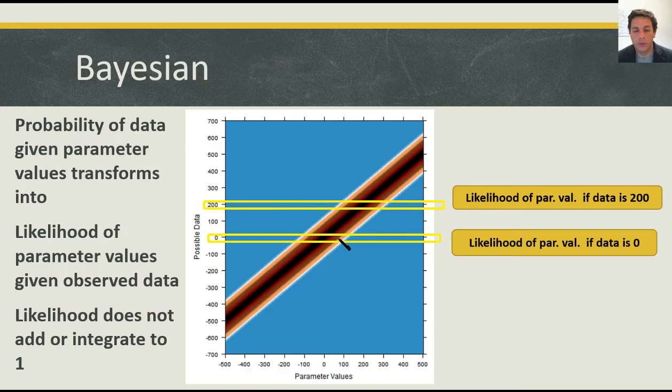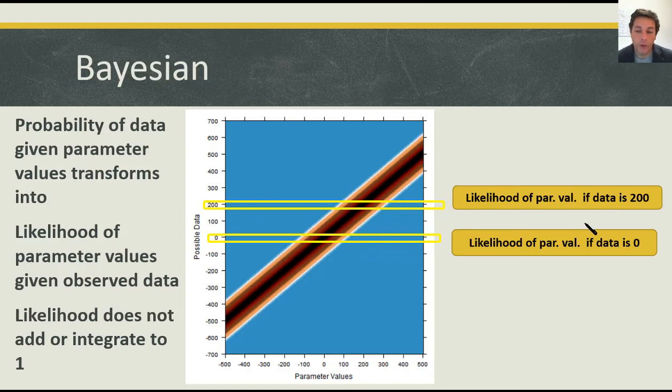In fact, because it is a normal distribution and continuous variables, they shouldn't add to 1, they should integrate to 1, as I explained before. If we go vertically, those distributions for each parameter value do integrate to 1. But these ones horizontally, they don't integrate to 1. That's why they call it likelihood, because if we called it probability, it should add or integrate to 1.